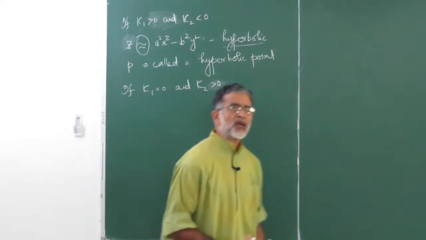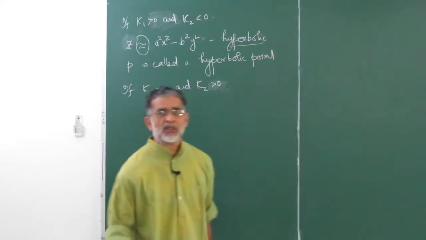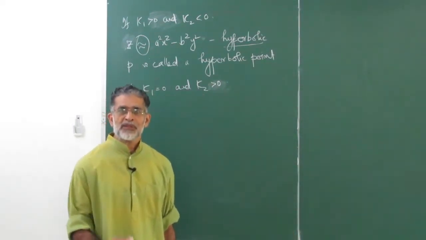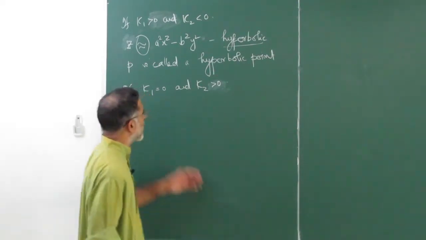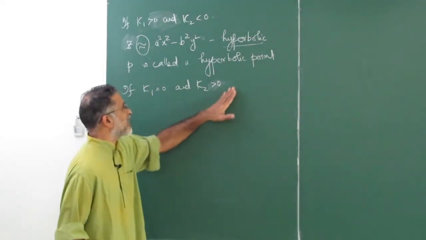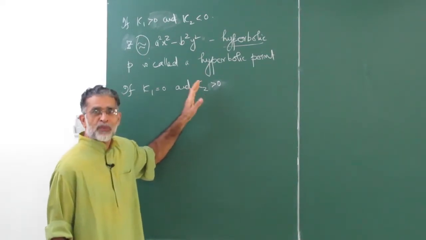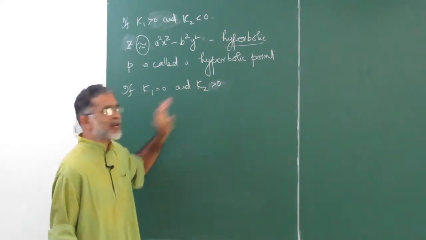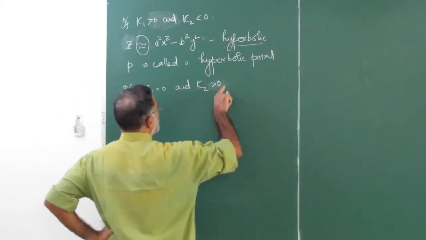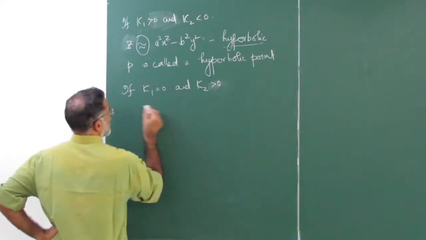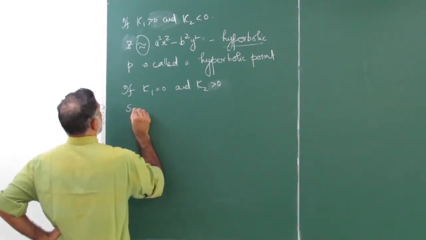Whenever it is 0, there are issues, because at a higher degree it may become something else. We are looking only at the second degree. Even if the second degree is 0, in the third degree it may bend.